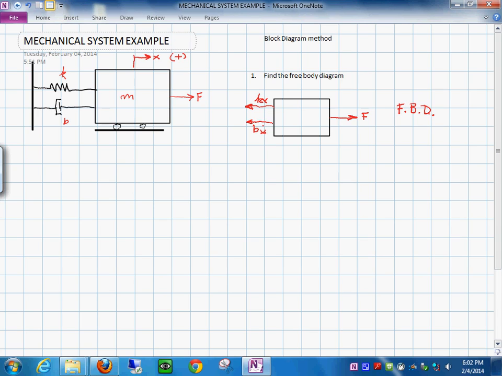So this is our free body diagram. If we go on to the next step, we can put in here number 2. Step number 2 is going to be to apply Newton's second law of motion.